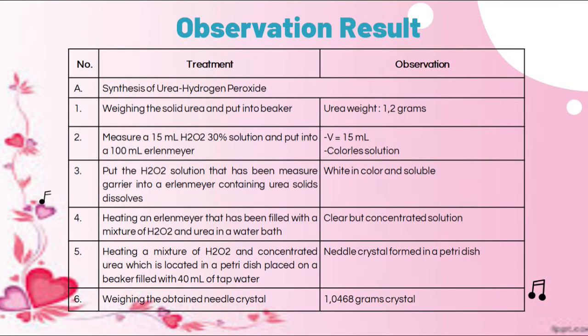Next, the observation results. Treatment 1, synthesis of urea hydrogen peroxide. Weighing the solid urea and putting it into a beaker: the urea weighs 2 grams.